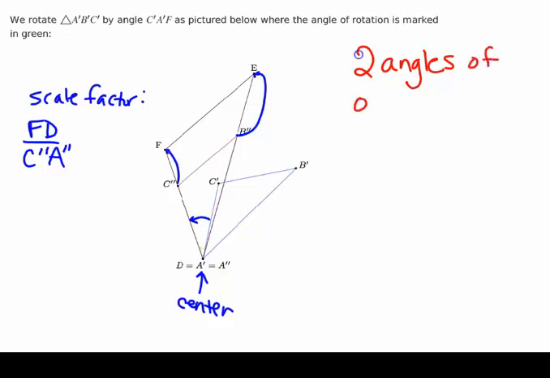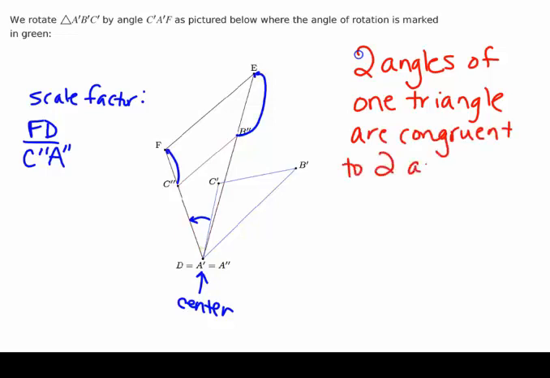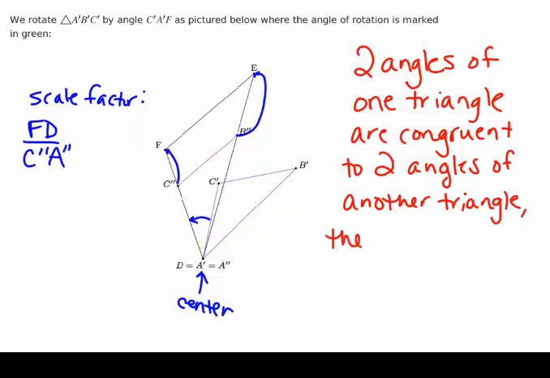Okay, so if two angles of one triangle are congruent to two angles of another triangle, then the two triangles are going to be similar.